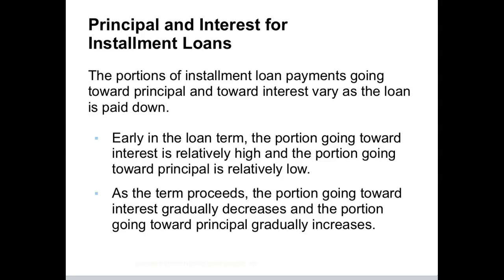Remember, the larger your balance, the more interest you get charged, and you always pay interest first. So as you pay down that principal, there's a smaller amount to be charged interest on, and therefore more goes towards the principal and less goes towards the interest as the term of the loan proceeds.